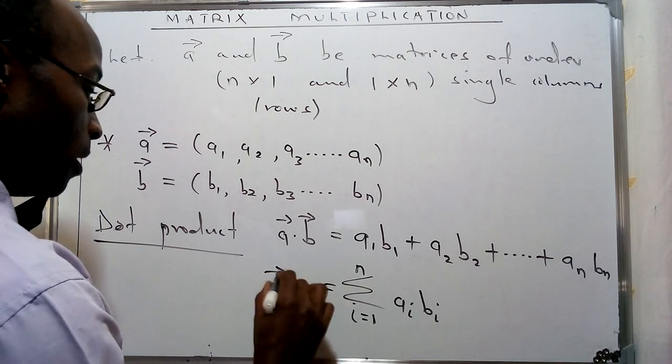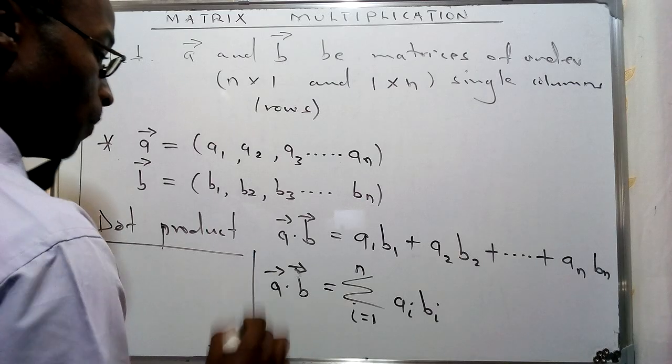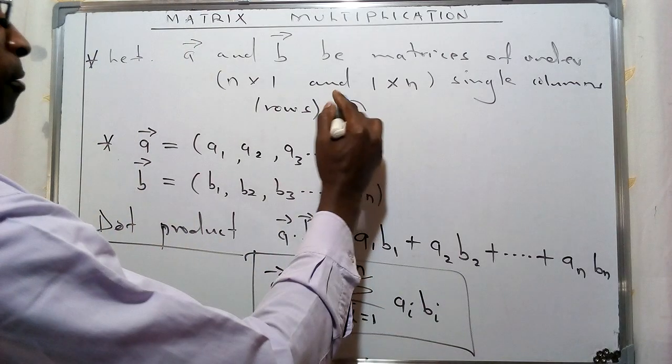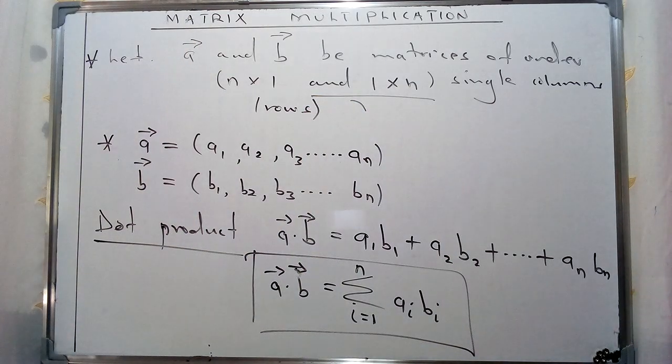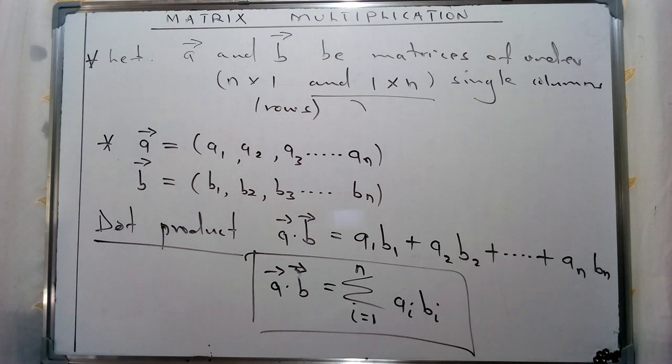So this is going to form a formula for the representation of a dot product of two matrices A and B of such a nature, which we have given on the upper right side of the board as shown.